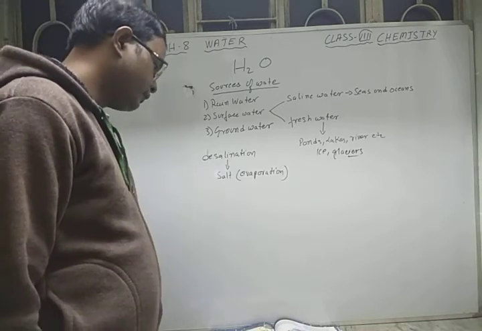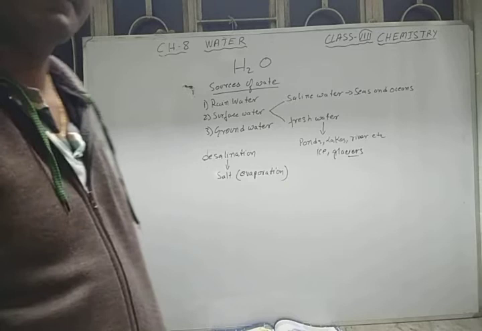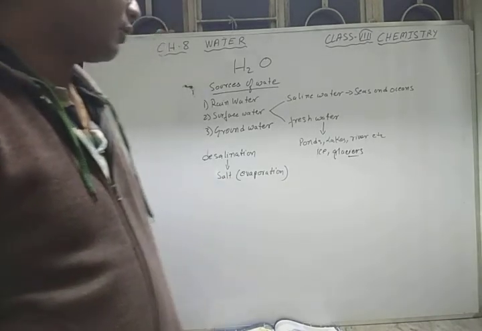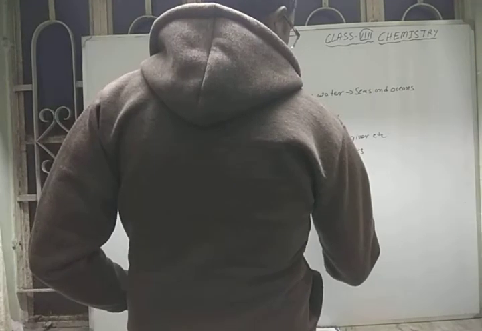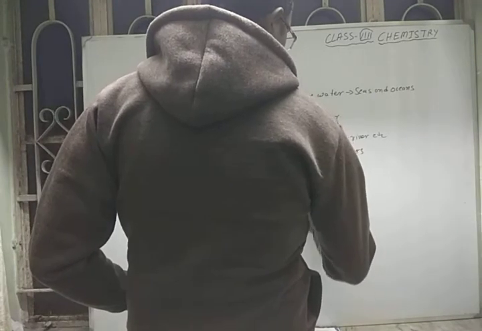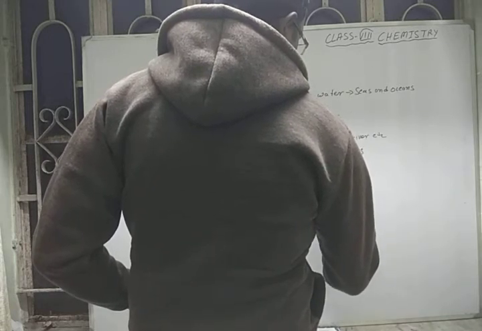And the total circulation of water takes place in nature. That is called the water cycle. First of all, evaporation takes place from water bodies. After evaporation, clouds are formed.